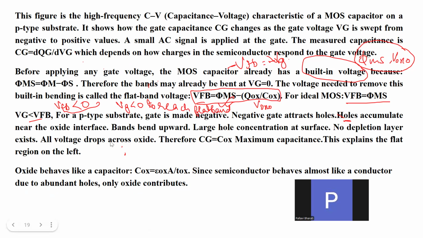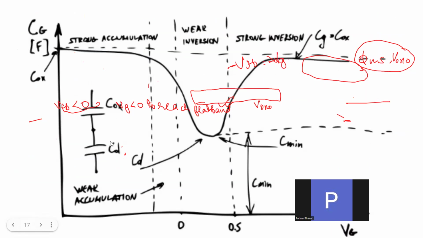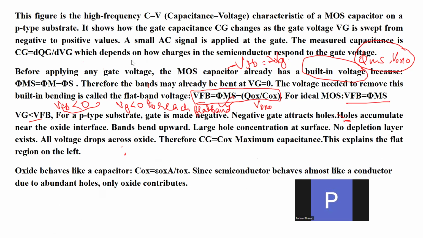This explains the flat region on the left, the maximum gate capacitance. Now, the oxide behaves like a capacitor, so the formula is epsilon OX times area divided by the thickness. Since the semiconductor behaves almost like a conductor due to abundant holes, only the oxide contributes.